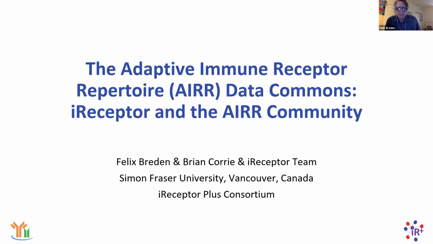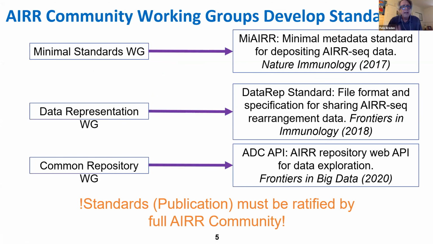So where we come in being FAIR really is through the AIR community working groups. The working groups do a lot of the work. I'm going to mention three of them that are most relevant to the AIR Data Commons. This is the Minimal Standards Group, which presented a set of metadata standards that describe AIR-seq data that are either being published or put into a MiAIRR compliant repository.